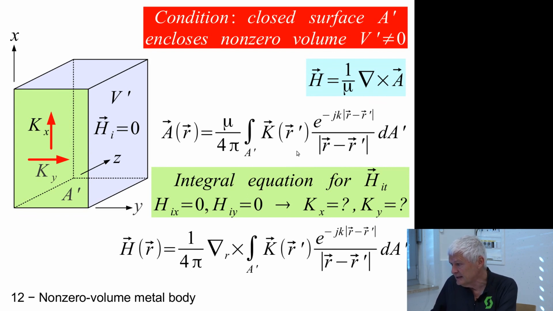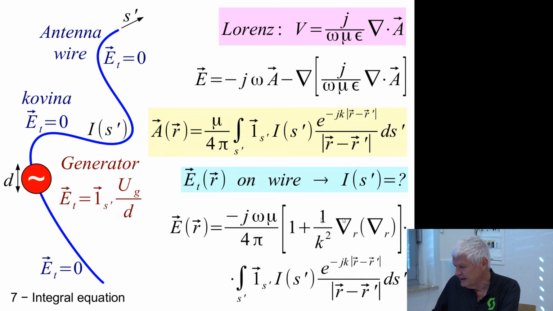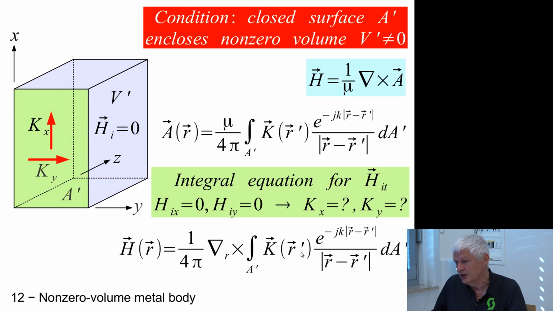It is not just possible to derive an equation for the electric field integral equation. In some kinds of geometries, we can define the integral equation for the magnetic field. Here we have surface currents on this metal box, and we have an integral equation for the magnetic field, knowing that the internal magnetic field, so H internal inside this box, should be equal to 0, because this is a shielded box.